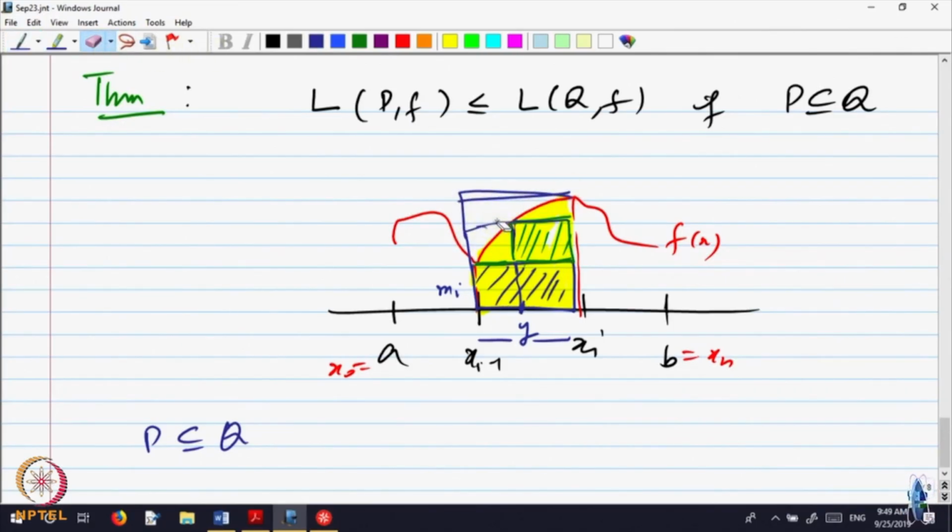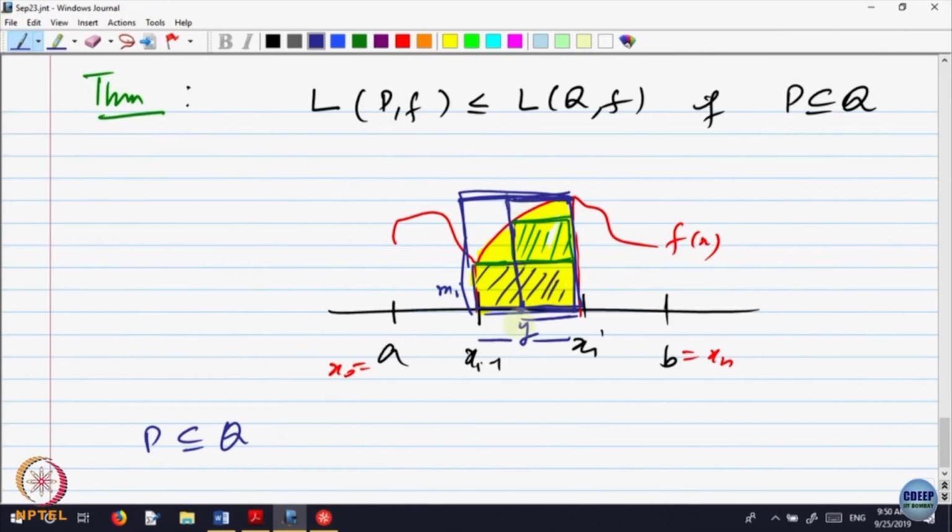So let me remove this, remove that, remove this, okay. In this bigger interval, the maximum value is here, so this will be a rectangle we will be looking at. When I cut it up to here, in this portion on the right hand side, the maximum value is this, so I will be looking at this rectangle for the refinement.